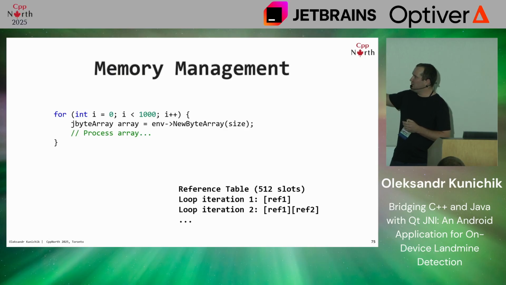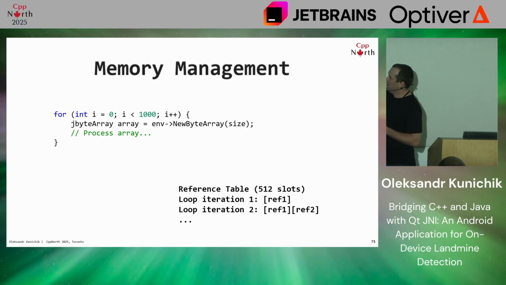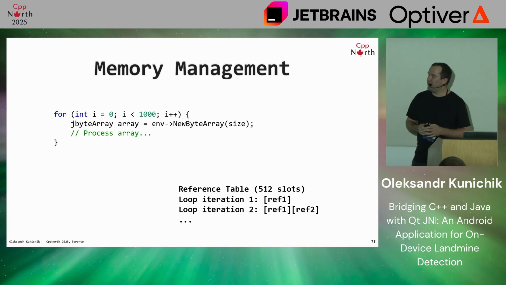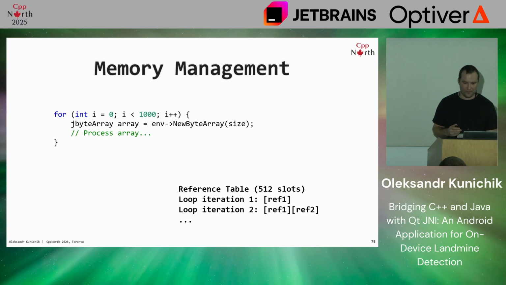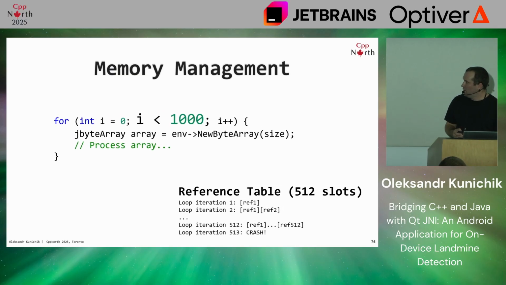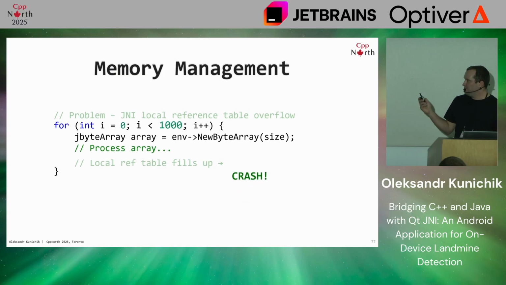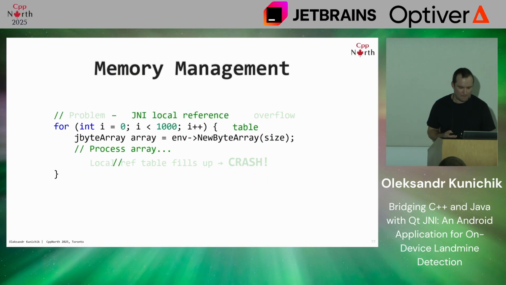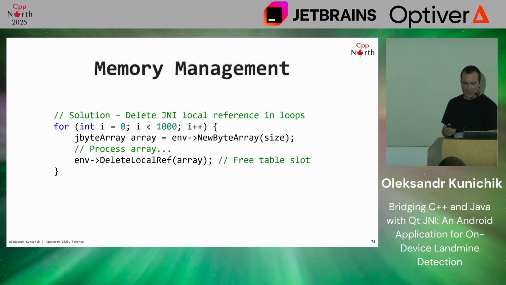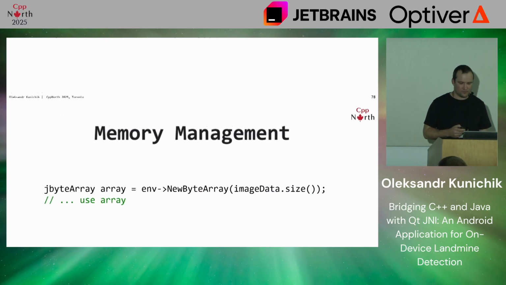That's why each time we do not need this array, we have to clean it. Yeah, so we have a crash. And the fix is simple: just add DeleteLocalRef and free the table slot.